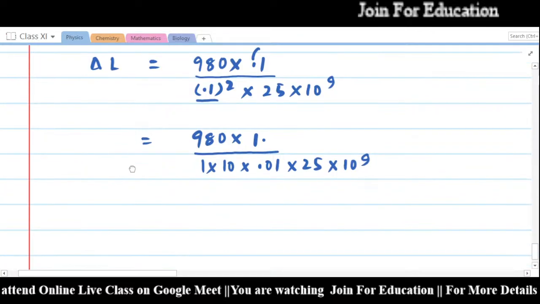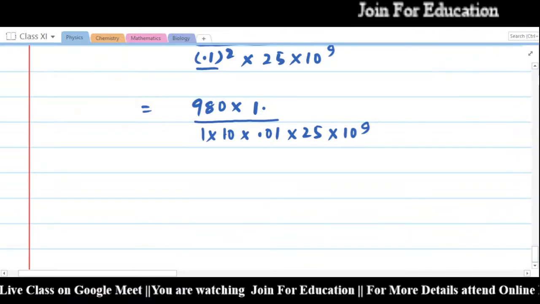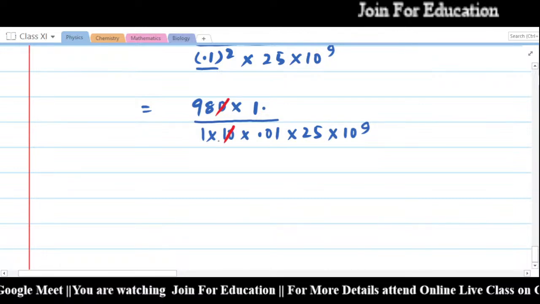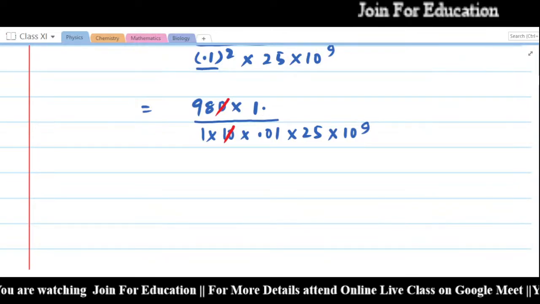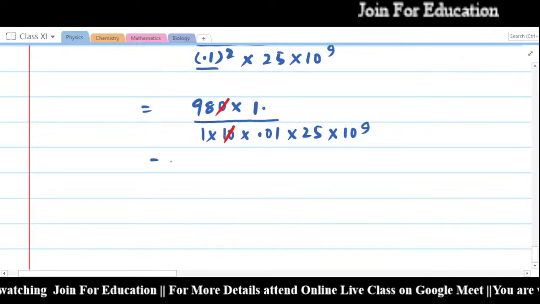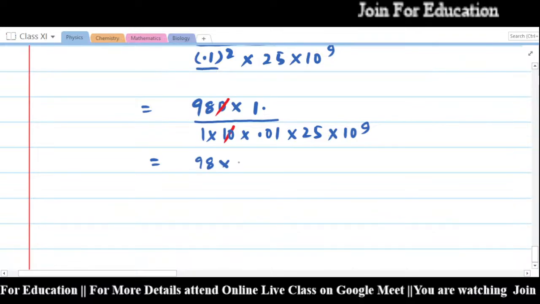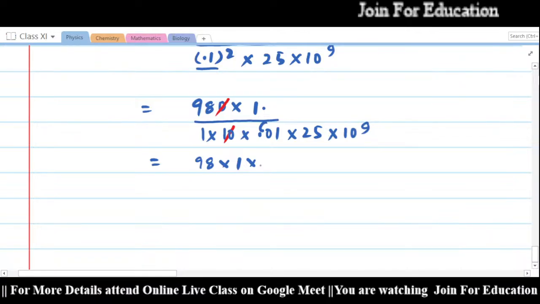Here the next step will be, we cancel out this one, so this one cancelled out, and we write down here equal to 98 into 1, and we remove this decimal, so we write down 1.